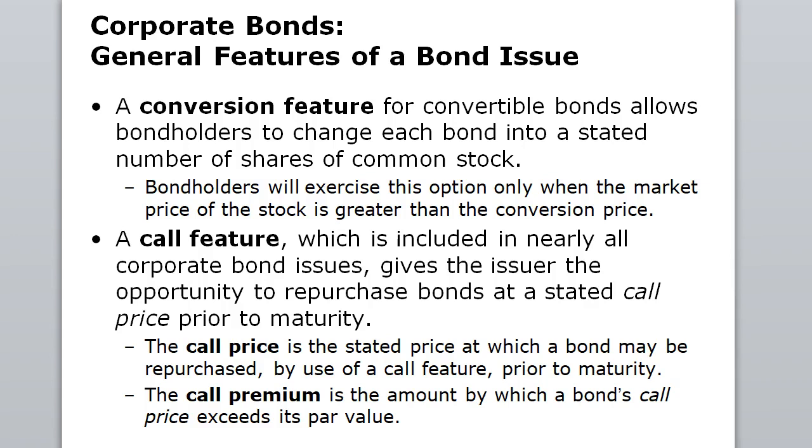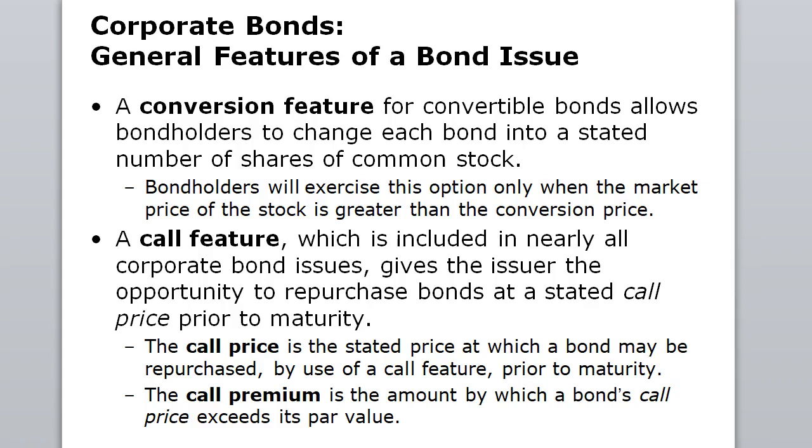So a conversion feature allows bondholders to convert their bonds to stock, which is a neat feature. And a call feature, which is included in nearly all corporate bond issues, gives the issuer the opportunity to repurchase the bonds at the stated call price prior to maturity.